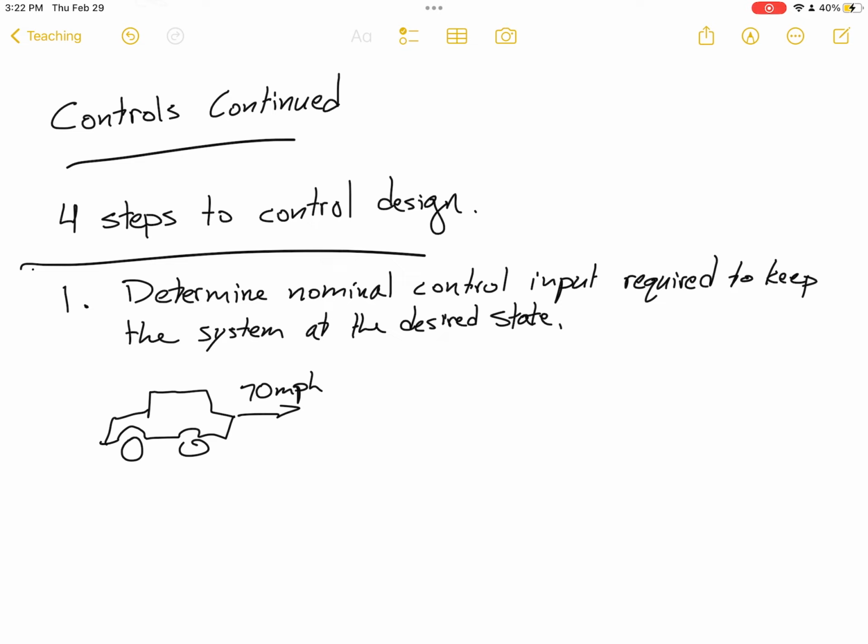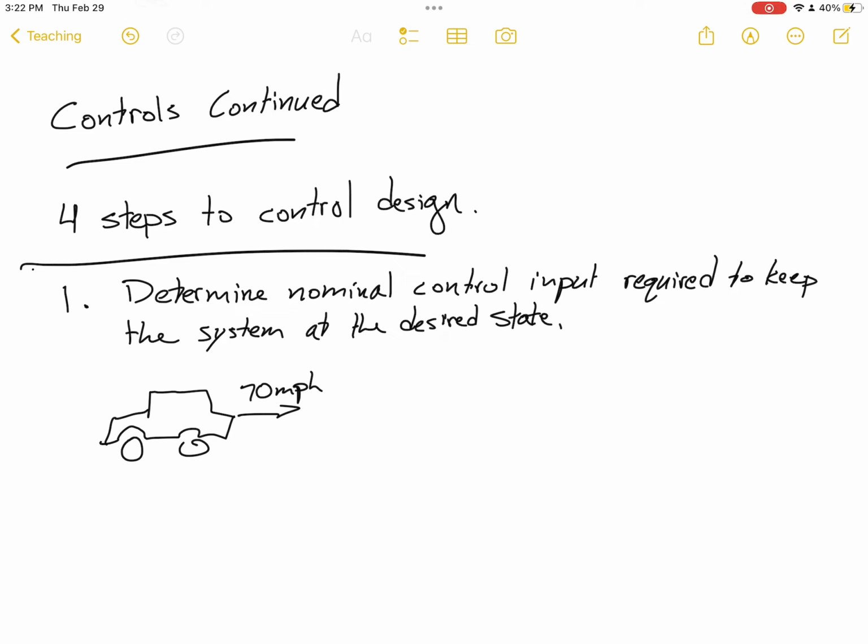So if maybe the air pressure is at sea level and there's no wind, so we've got just basic air resistance on flat ground on a new, well-kept road, then they're going to know how much the gas pedal needs to be put down under those perfect circumstances to get that nominal 70 miles per hour.